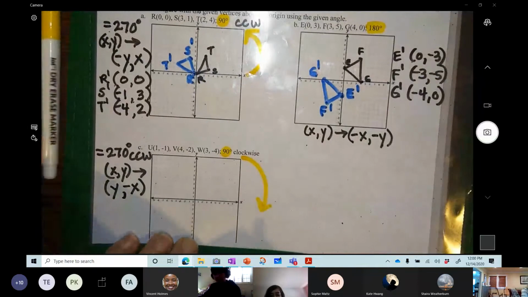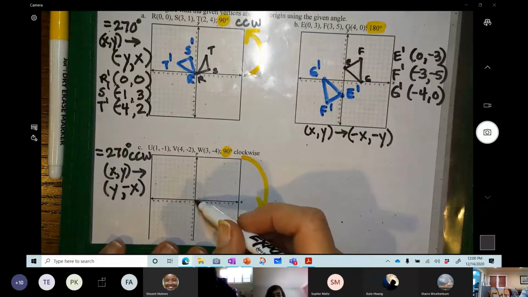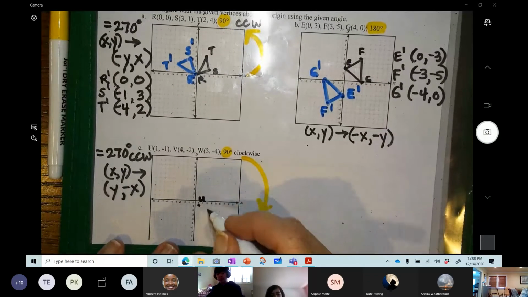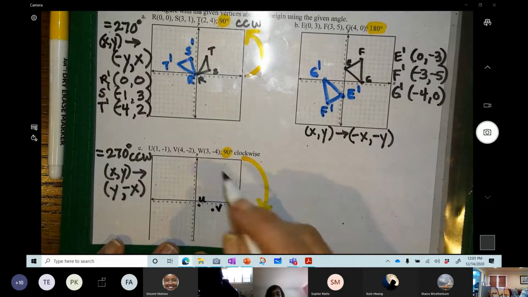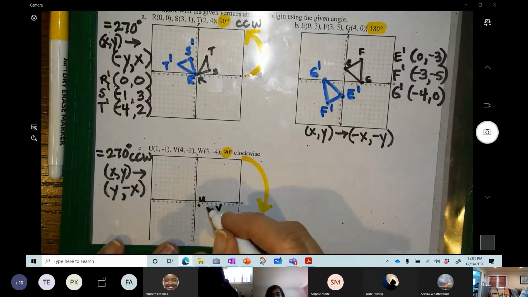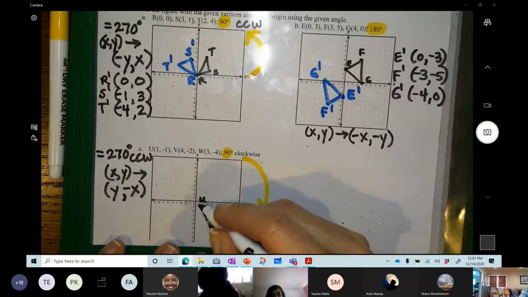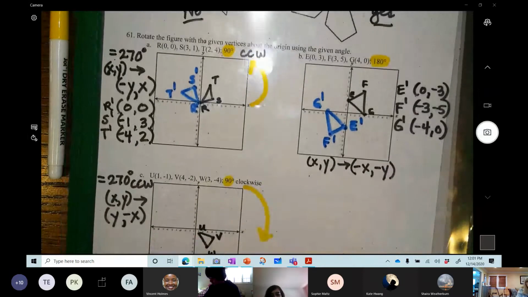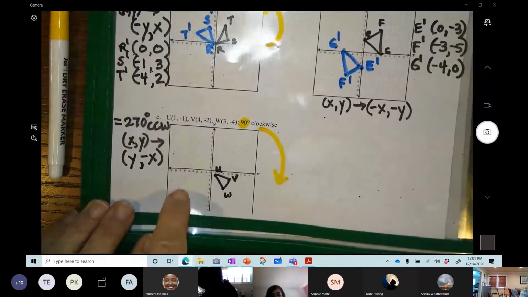Okay, repeat the process. U is 1, -1. V is 4, -2. W is 3, -4. So I've got this little triangle, and I'm going 90 degrees clockwise, which means I'm going to go from here over to here.